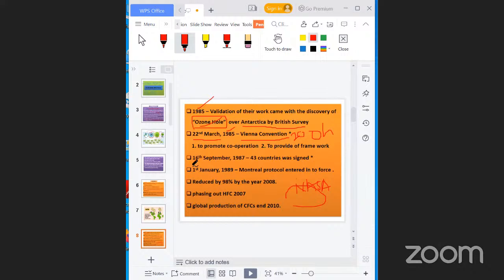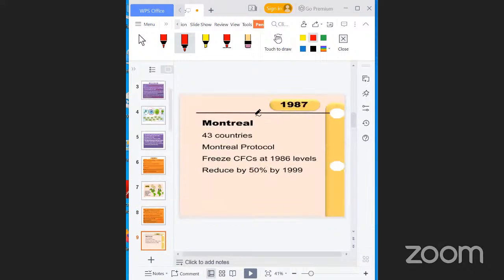Then on 16th September 1987, the Montreal Protocol on Substances that Deplete the Ozone Layer was signed by representatives from 43 countries.